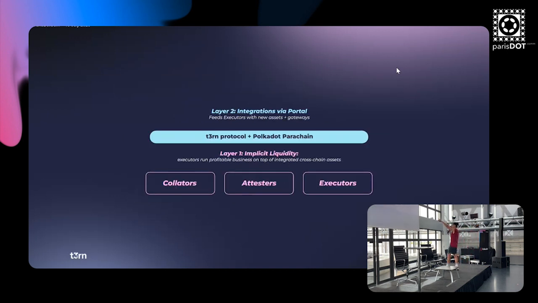But there is also the layer one, the actual protocol, which is the seamless execution. You can think about this as an implicit liquidity layer where all of these three actors, collators, attesters, and executors, interact with one another. This is all working on an open market basis.